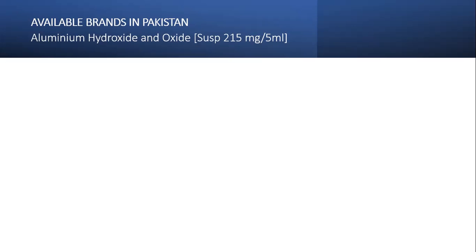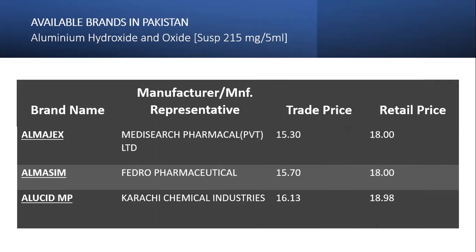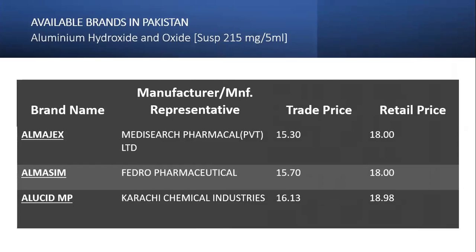So this is a very commonly used drug. A few are given here in suspension form, which is 215 milligram per 5 ml. These drugs are commonly available, cheap, and easily accessible in every pharmacy. They are Elucid MP, Elmacin, and Elmajex. Different industries have made these.